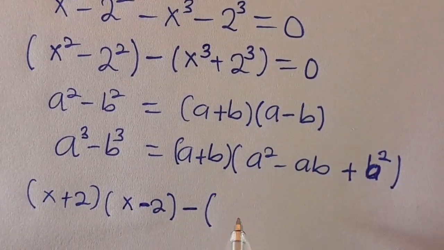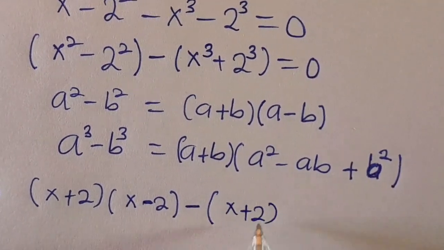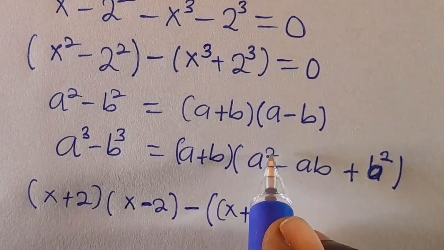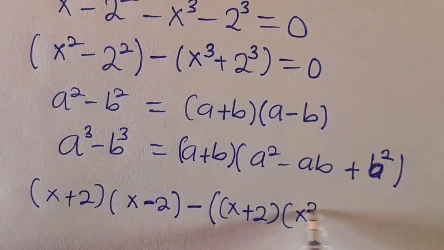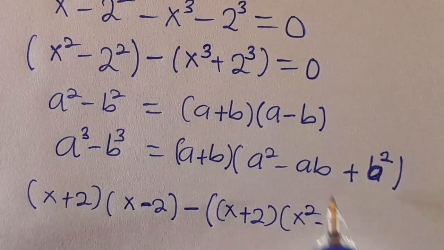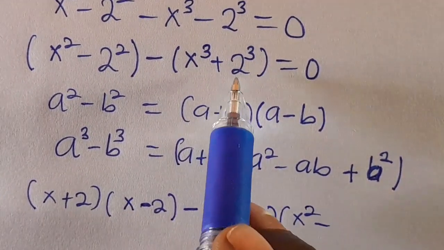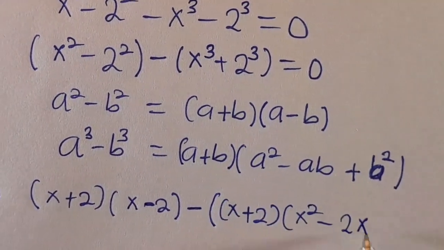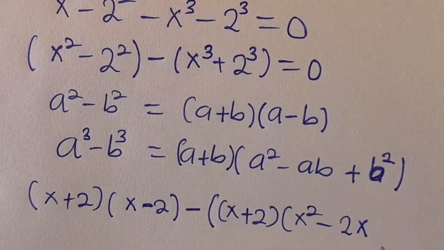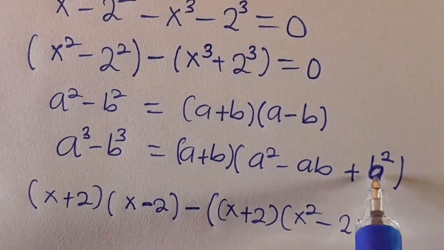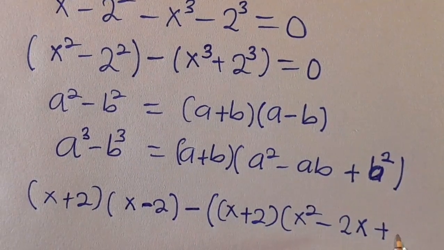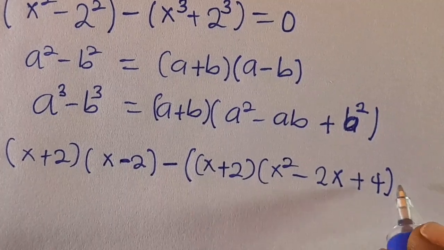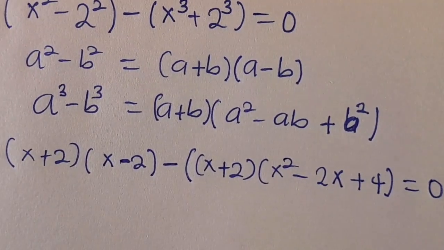So we have here to be x plus 2, then again multiply by x, that is a squared will be x squared, minus ab. A is x and b is 2. So we have it to be minus 2x plus our b squared, 2 squared, then we have it to be 4. Then we have everything to be equal to 0.